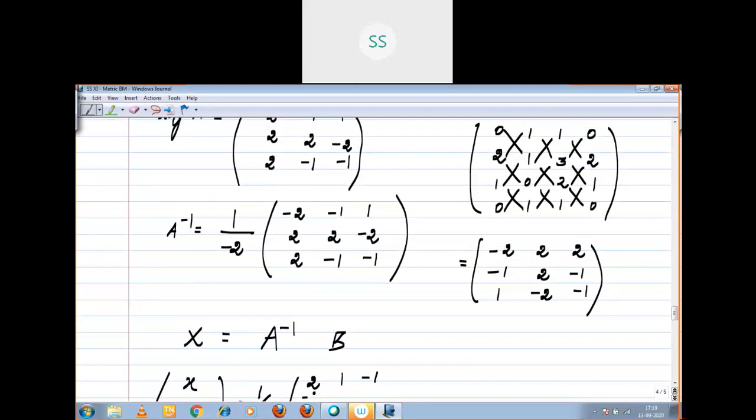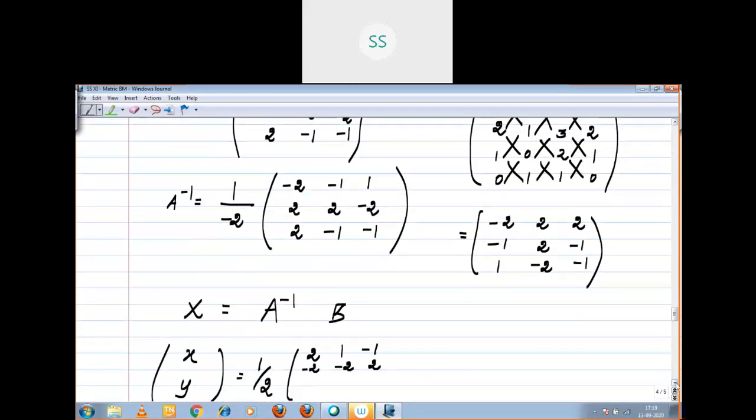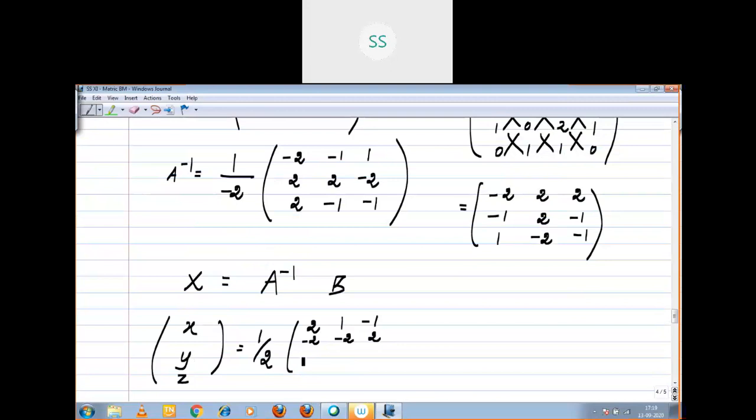Next, minus 2, minus 2, plus 2. Use minus and multiply. Next, minus 2, plus 1 plus 1, into B, which is 70, 70, 170.